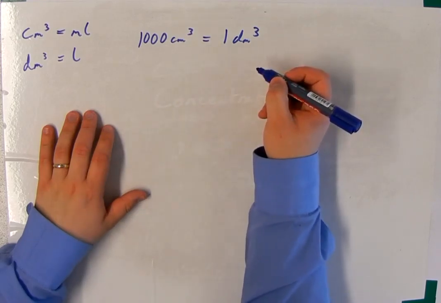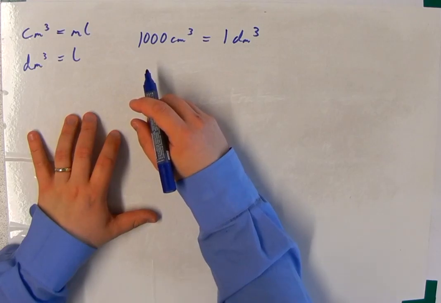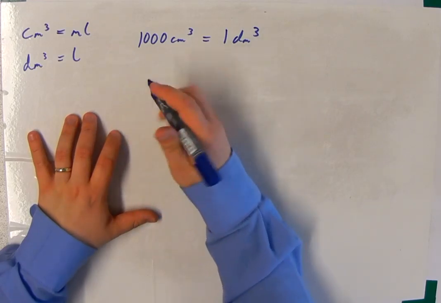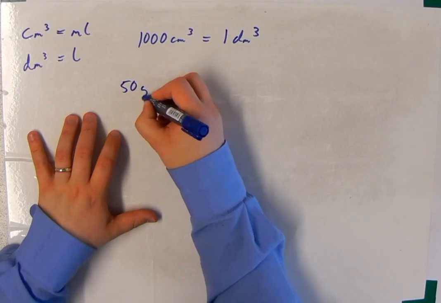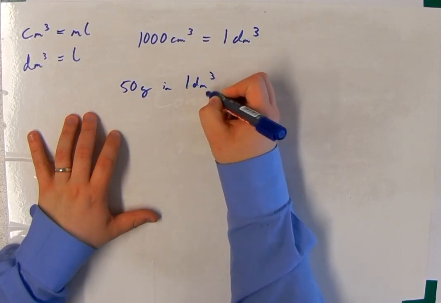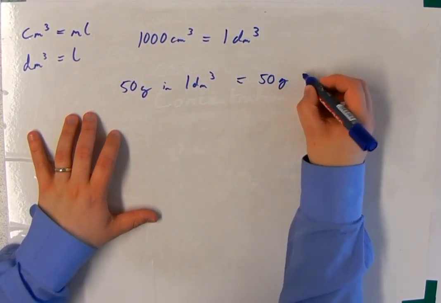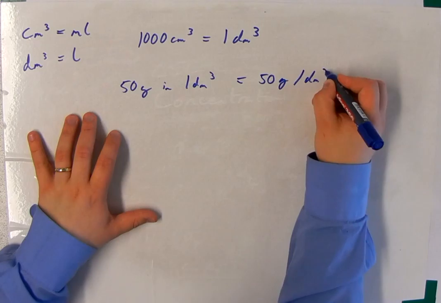That's one way anyway. We can also measure it in moles. 2 ways of doing it. So 50 grams in 1 decimetre cubed is going to give us 50 grams per decimetre cubed.